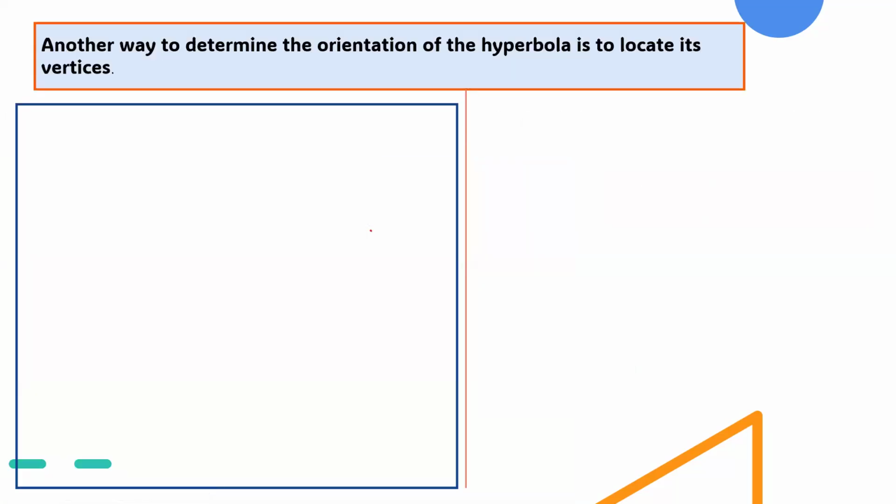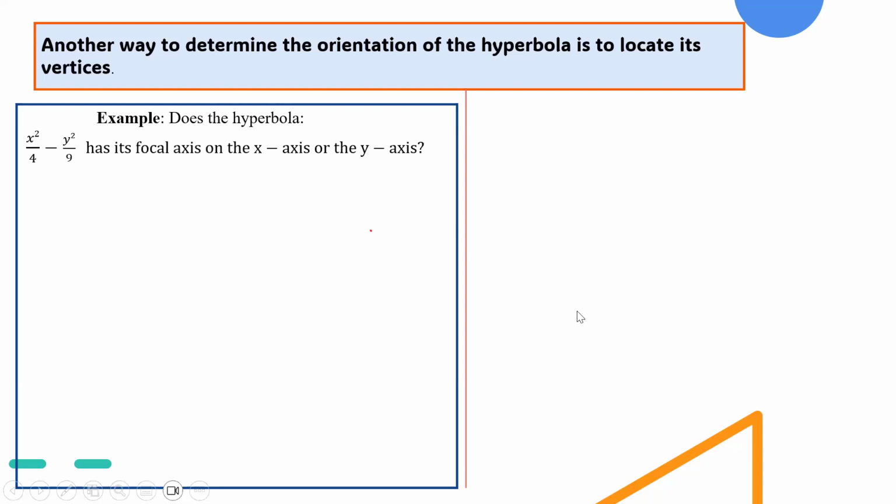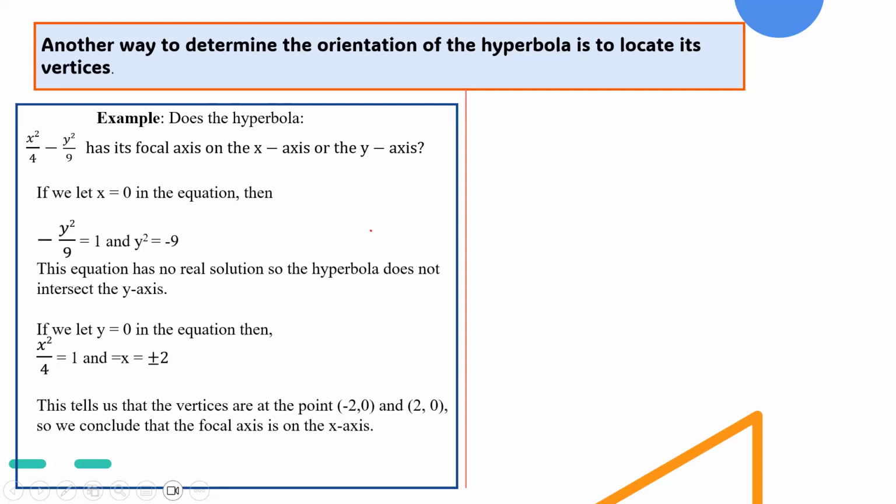So we're saying here that another way to determine the orientation of the hyperbola is to equate one of the terms to 0. So here we have an example. This is another way to determine whether we'll have a vertically or a horizontally oriented hyperbola.